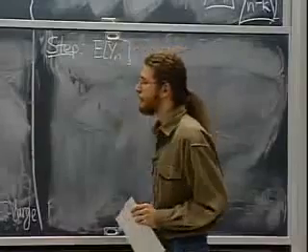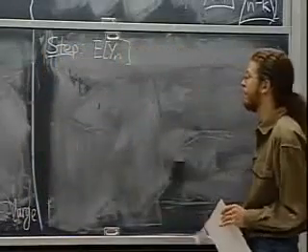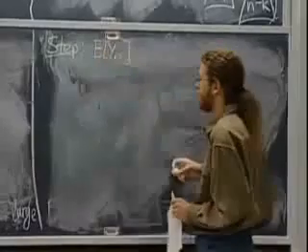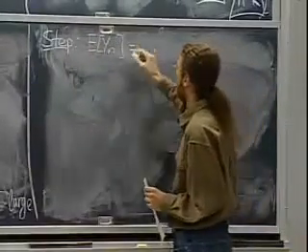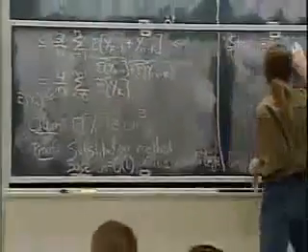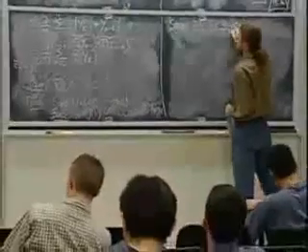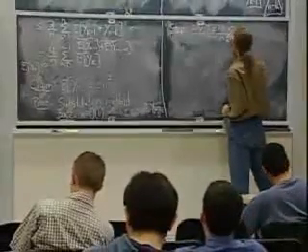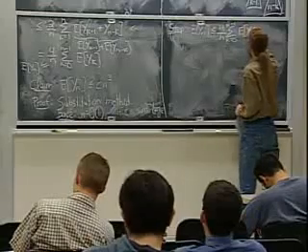So I claim that E of Y_n is at most c times n cubed, assuming that it's true for smaller n. You should write the induction hypothesis here, but I'm going to skip it because I'm running out of time. Now we have this recurrence that E of Y_n is at most 4 over n sum k equals 0 to n minus 1 of E of Y_k.